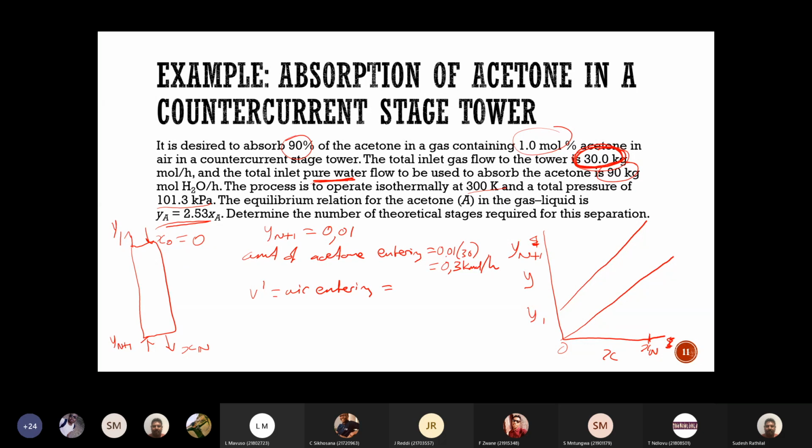The amount of acetone that's coming in with that system is 0.3, which we just calculated. So the air that will be coming in will be 30 minus 0.3, which is 29.7.